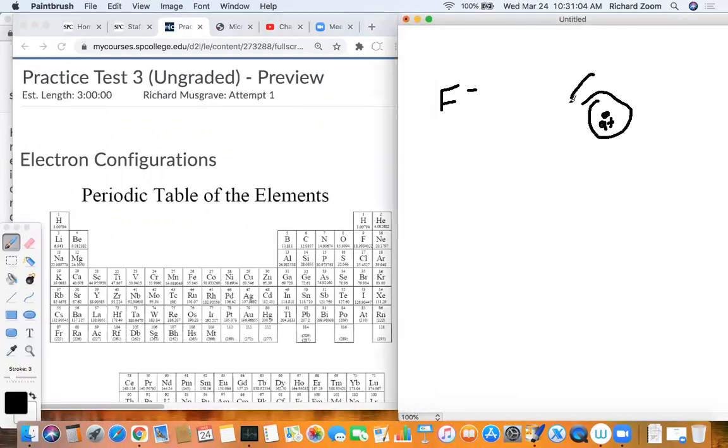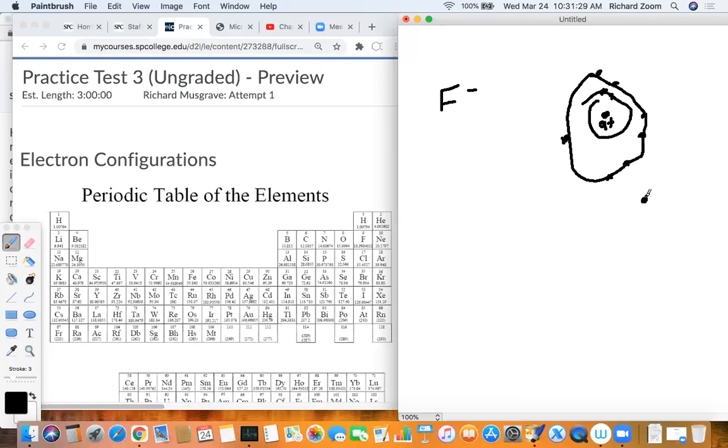Which means it needs 9 electrons. Which means we got 2 in the middle and then 7 on the outside. That would just be regular garden variety fluorine here. And then, there we go, that's 7. So now that has 7 electrons.